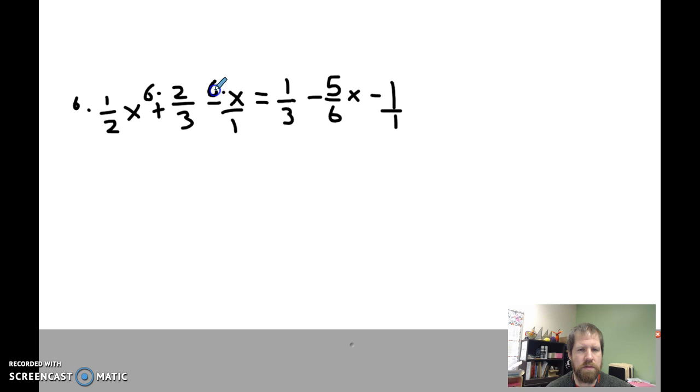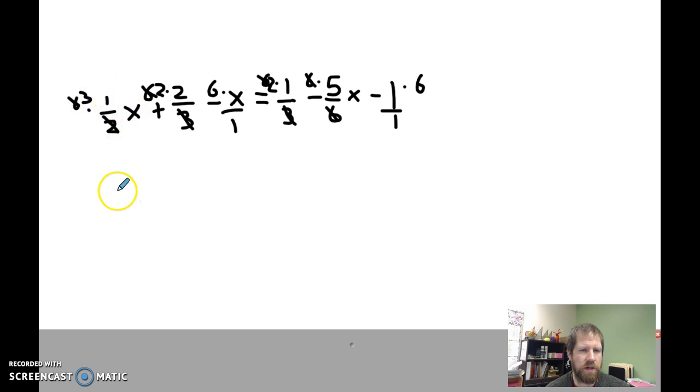Times 6, times 6, and times 6. I'm going to factor. Factors to 3. Factors to 2. Stays 6. Factors to 2. Eliminate it all together and stays 6.